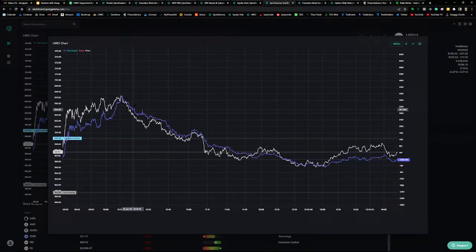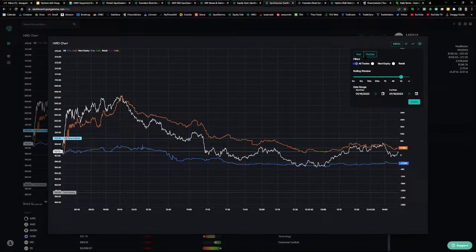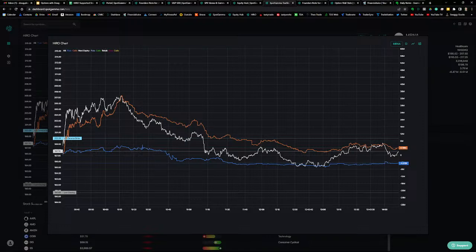Price reached that level and then started moving lower as traders started selling their calls. So initially this morning, traders are buying calls, and that's shown by the rising orange line. And they started selling calls and price moved lower.